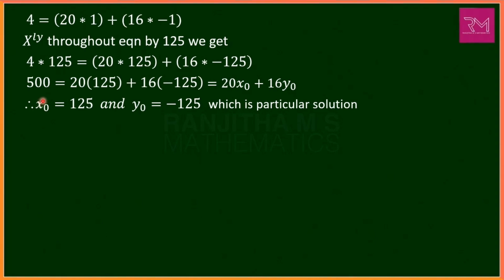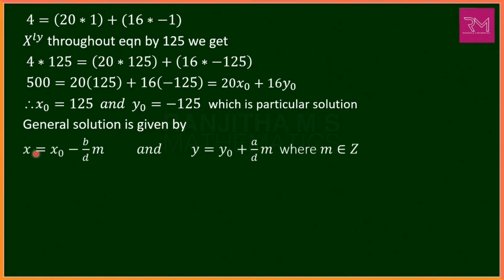Next, after obtaining the particular solution, that is x0 and y0, you have to find the general solution. The general solution is given by the formula x is equal to x0 minus b by d into m and y is equal to y0 plus a by d into m, where m belongs to Z. So this formula you have to remember.